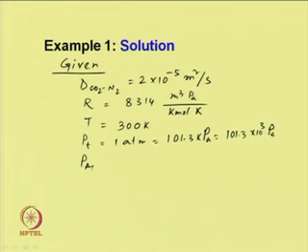Partial pressure PA1 is given as 5 kilopascal, which is 5 into 10 to the power 3 Pascal.